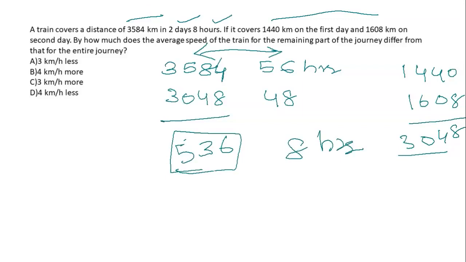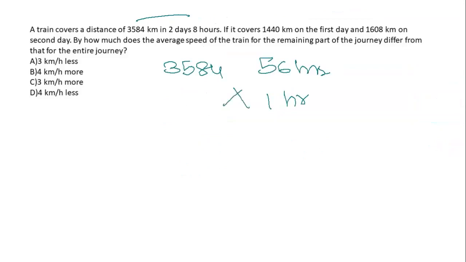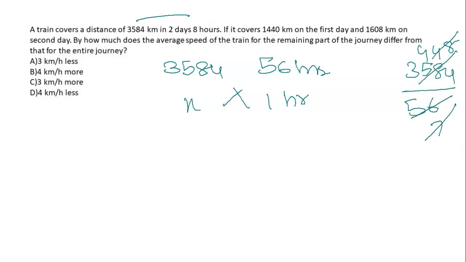It's simple. What they've given is 3,584 in 2 days and 8 hours, which is 56 hours of travel. So what is the average speed? It's nothing but 3,584 divided by 56. 7 times 56 is 392, and the remainder gives 448, which becomes 64.